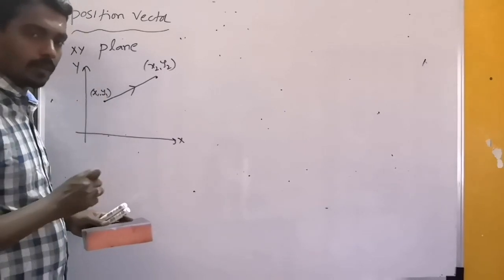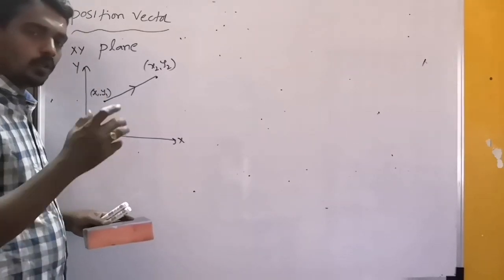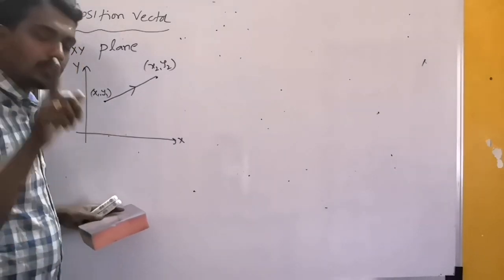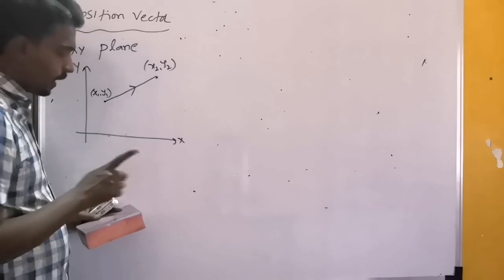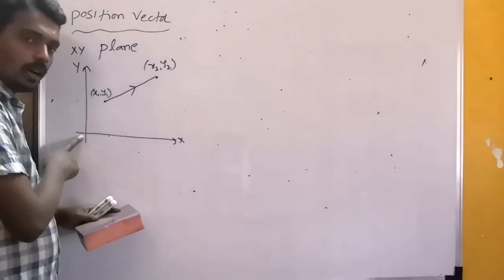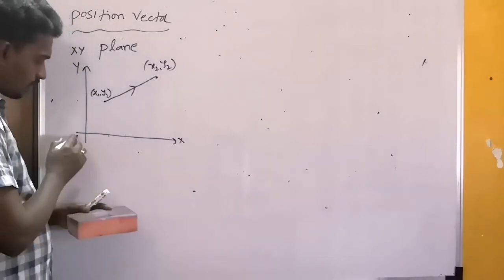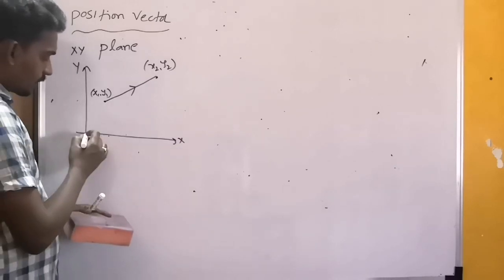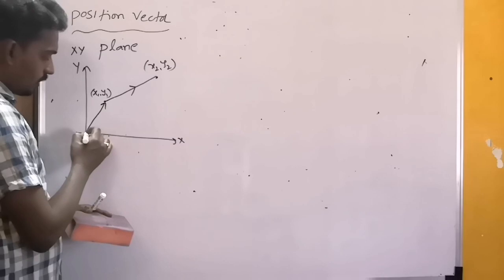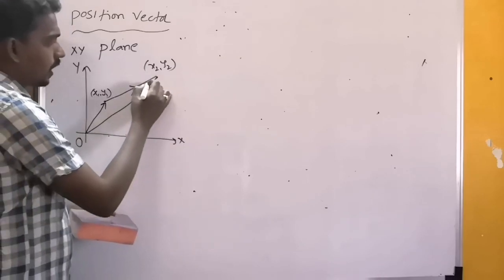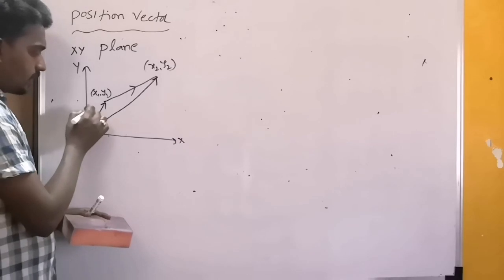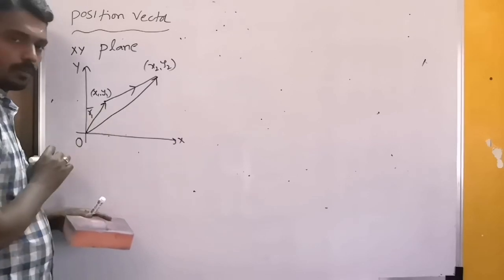But position vector means you can specify from the initial position, and also you can specify from the origin. If this is our origin, then this is the initial position, and this is the final position. This is the initial position, let's call it R1 bar.